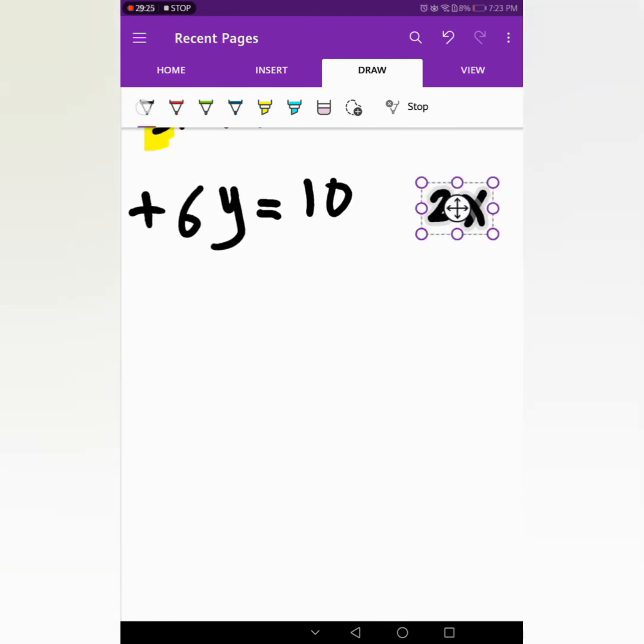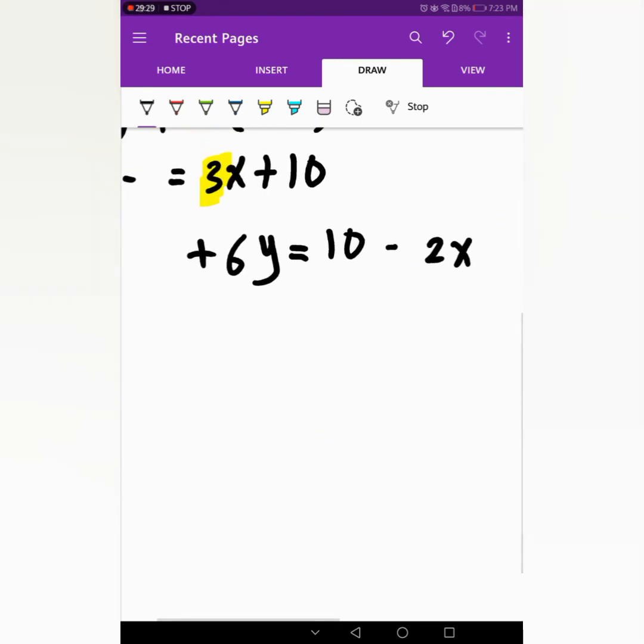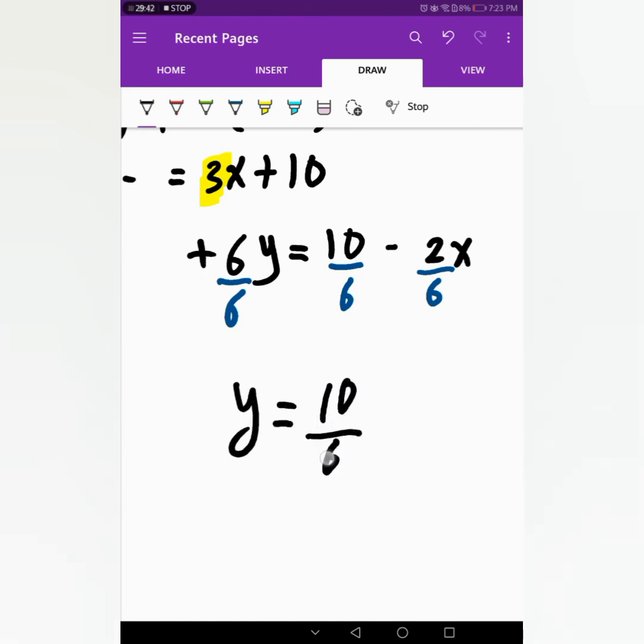It will be negative. And then I divide by 6 all terms, so the y comes alone. 10 over 6, leave it, don't worry about it. And negative 2 over 6 equals negative 1 over 3, because divide by 2, you will get this.